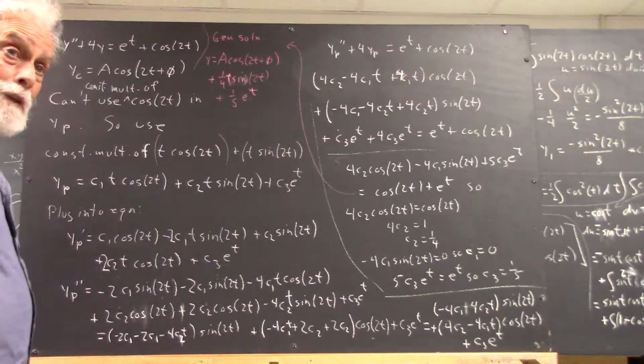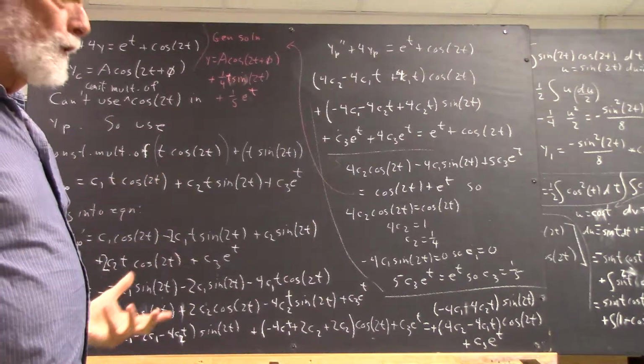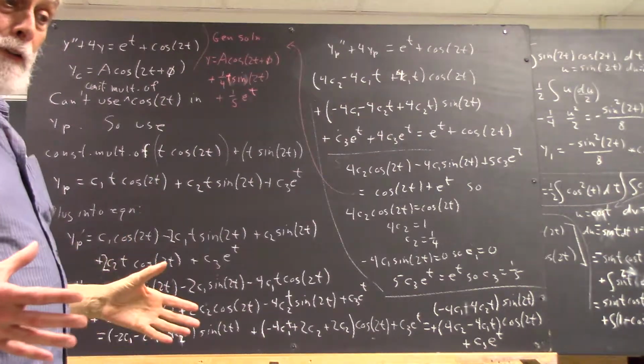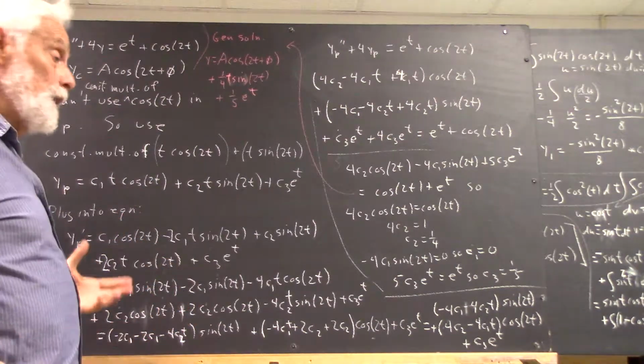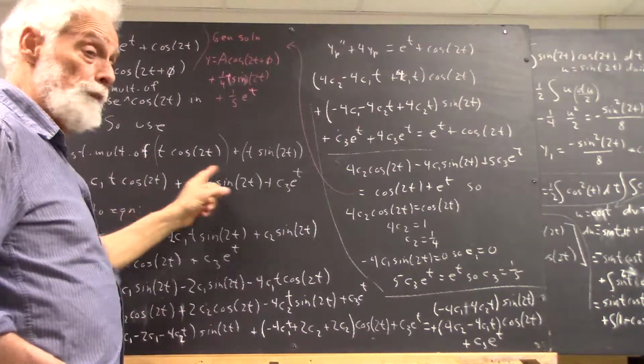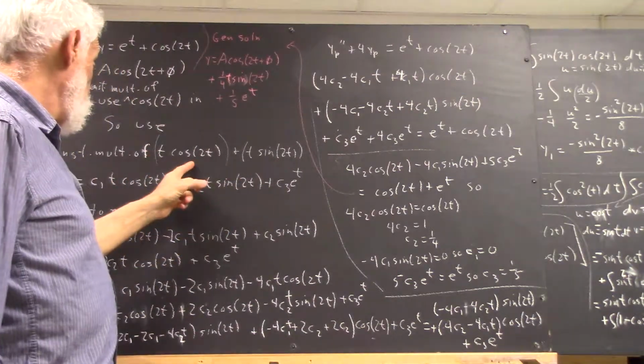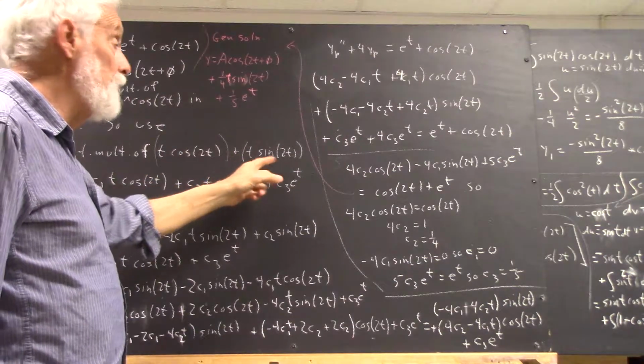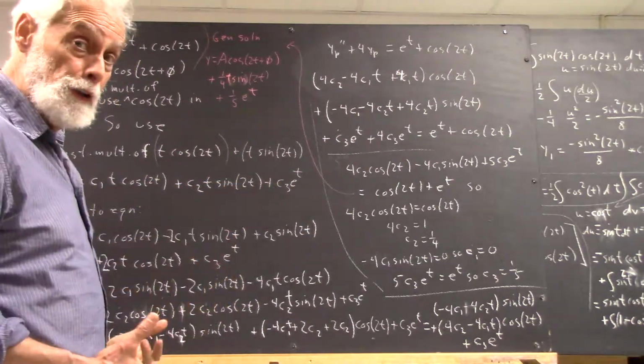What do we do? Well, if you understand reduction of order, you'll understand why. But in most cases, it turns out that we can get around this by just putting a t in front of the cosine of 2t. Now, we're trying to get a cosine. We can also take derivatives of t sine of 2t to get cosines, right?